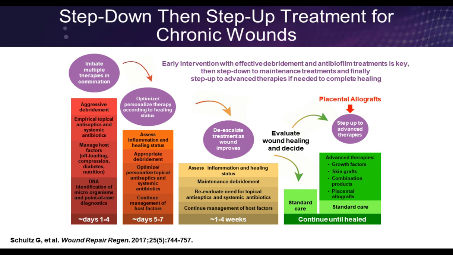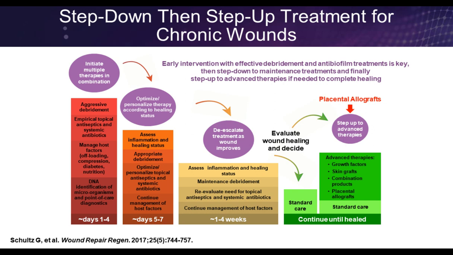So in the first few days, because almost all chronic wounds, when they have been present for more than about a week, are going to have biofilms, it's important to do aggressive debridement. Use antimicrobial treatments that are effective at killing and reducing biofilm bacteria.